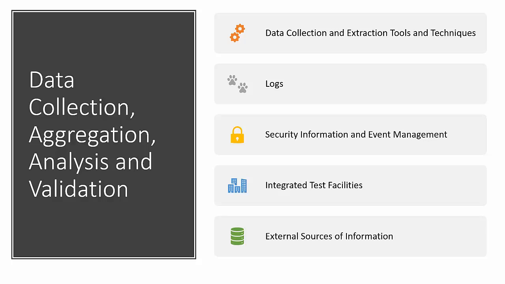Okay, so as we are talking about the last stage, which is called monitoring, in this section the first part we are going to discuss is data collection, aggregation, analysis, and validation. Okay. So a risk practitioner or risk manager has a wealth of data sources available, including network devices, application logs, threat intelligence, and audit reports.